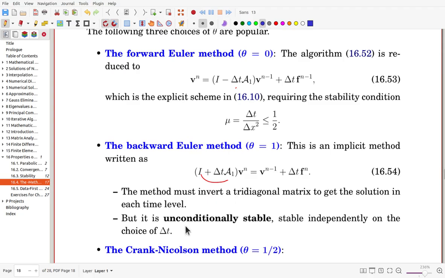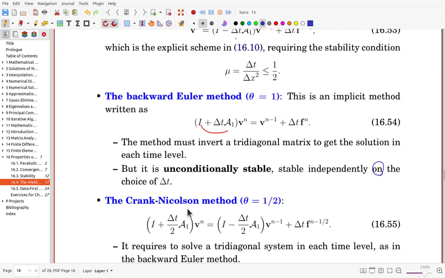So we say it is unconditionally stable, stable independently of the choice of delta t, and so it can be better than the forward-Euler method, even though in each step you have to invert a tridiagonal matrix.